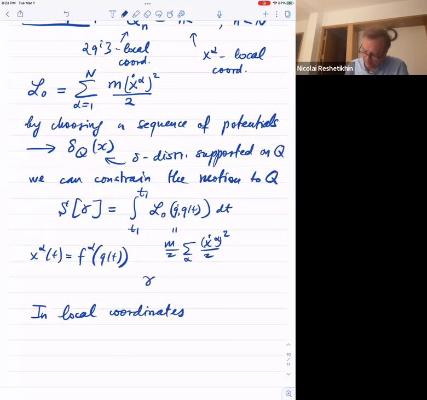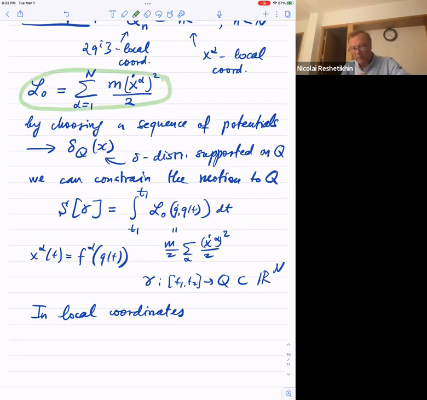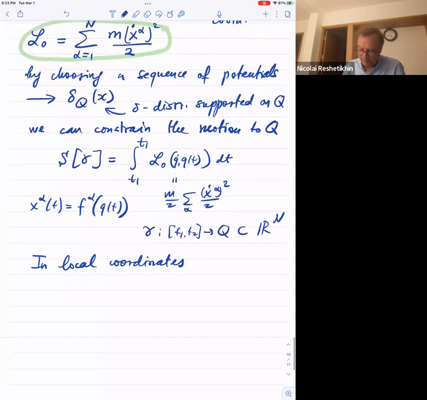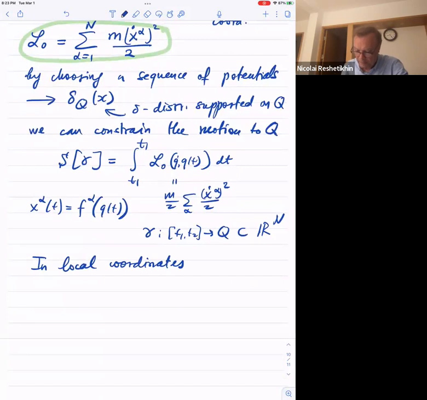And gamma is a path in Q, which is embedded in R^N. So our Lagrangian is the restriction of this Lagrangian to parameterized paths that lie only in Q. Did I answer this question? Yeah, thank you.